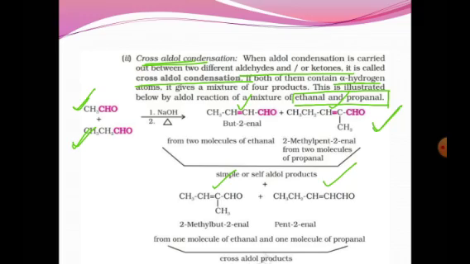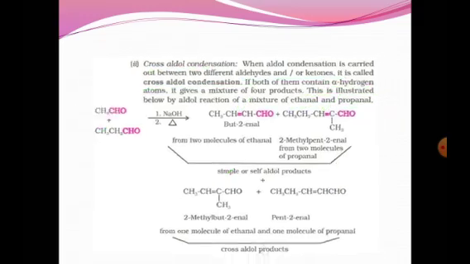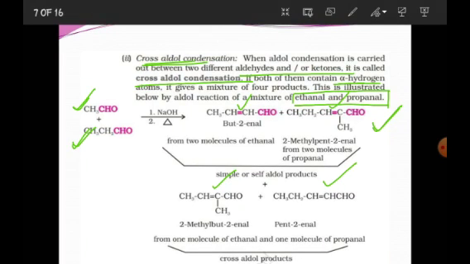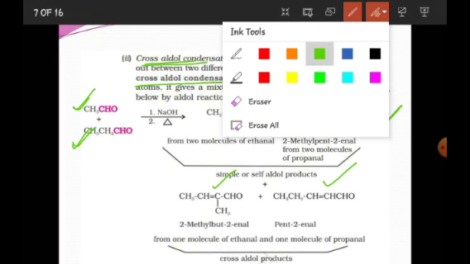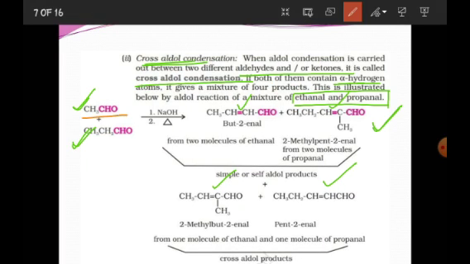What are they? See, students, if you see ethanal, it also has an alpha hydrogen. So, what is formed? Simple or self-aldol products. This ethanal will react with one molecule of ethanal, then give this product.